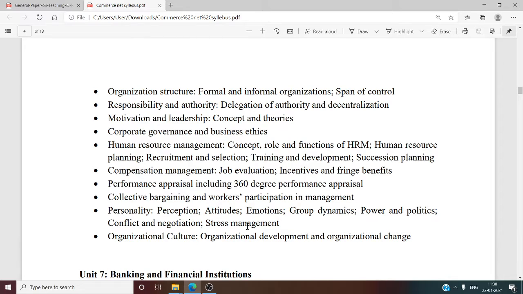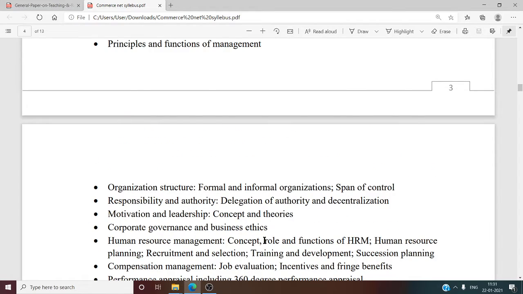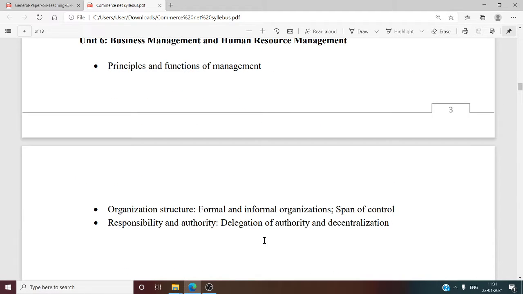Then collective bargaining and workers' participation in management, personality, perception, attitude, emotion, group dynamics, powers and politics, conflicts and negotiation, stress management, organizational culture, organizational development, and organizational change. So these things are covered in chapter number 6, business management and human resource management.